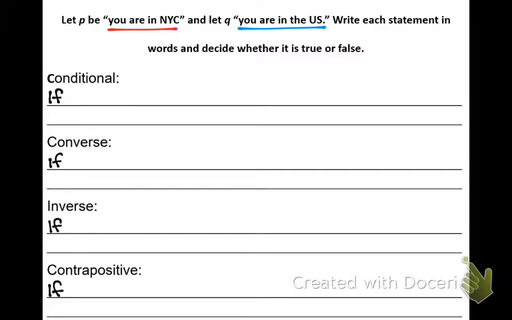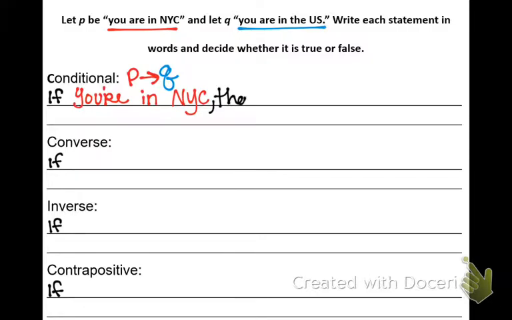Perfect. All right, so in a conditional, the conditional is a very original statement. The hypothesis goes first, and then the conclusion comes second. What is the hypothesis of this sentence? Yep. If you are in, where? New York City, yep. NYC. What word would come next?